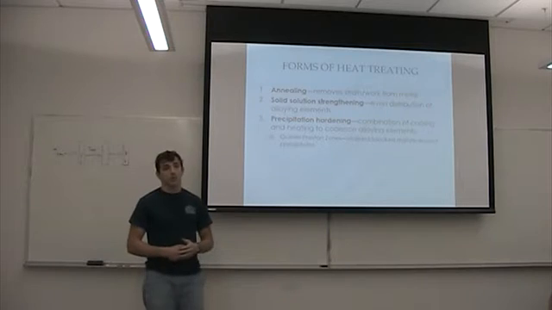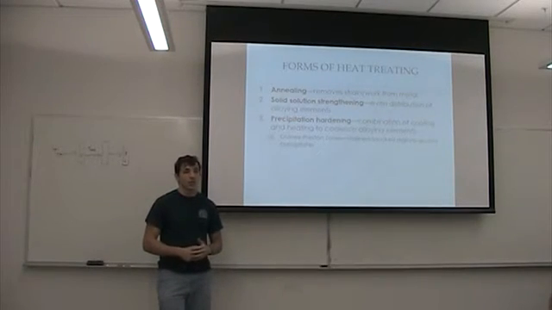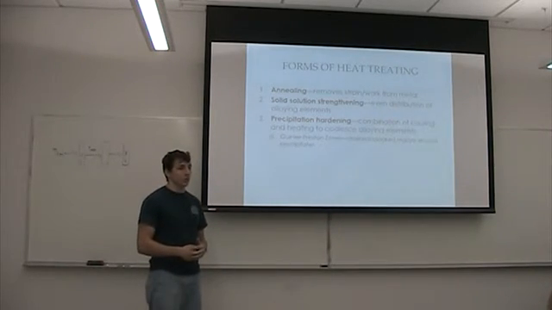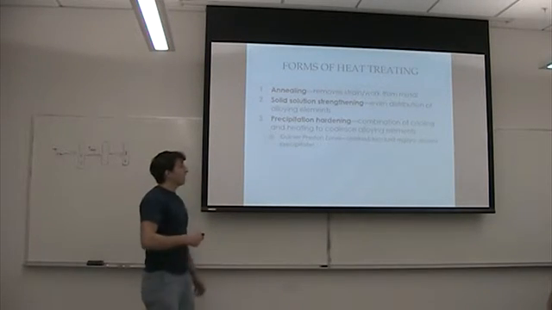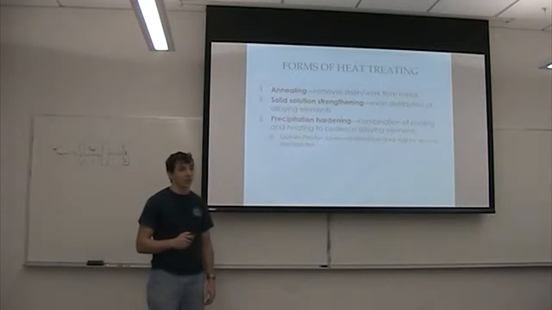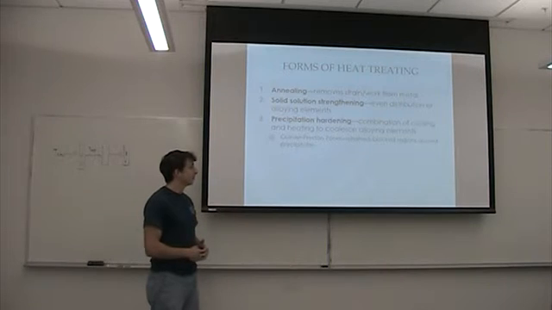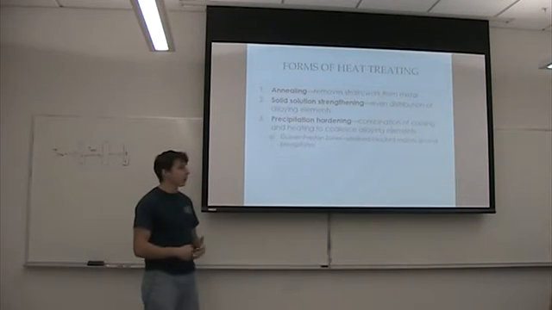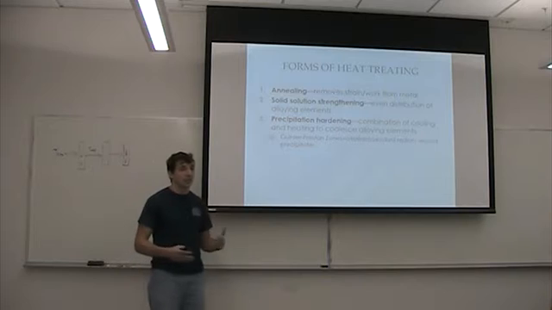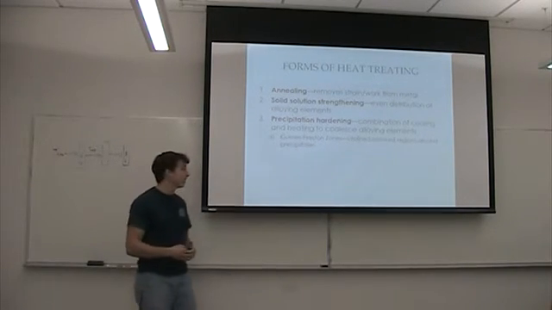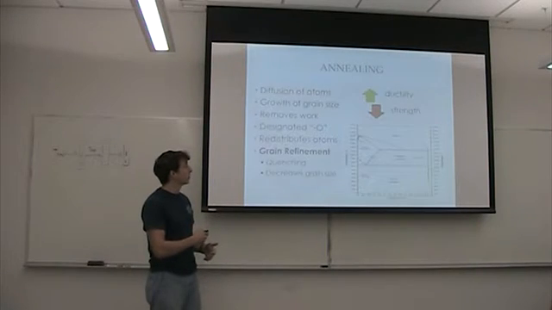You're just putting in an evenly distributed amount of different element to leverage those properties, which are basically dependent on the size and the electron cloud of the elements. And then you have precipitation hardening, which is a little more complicated. You're typically trying to develop Guinier-Preston zones. And it's more complicated because you're cycling heating instead of just heating it once and cooling it or not cooling it actively. And we'll talk about these three a little more.